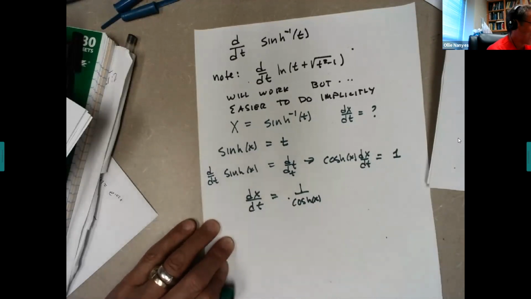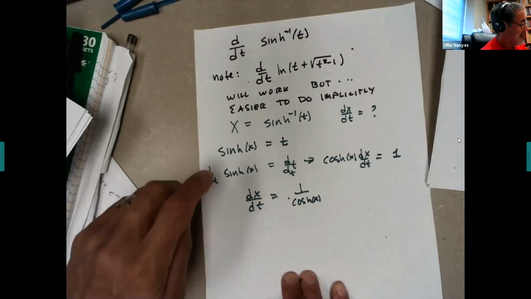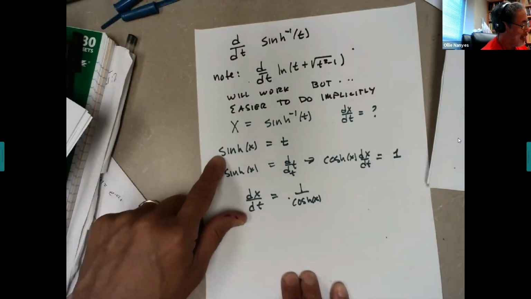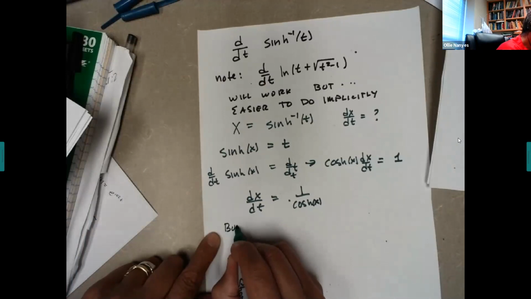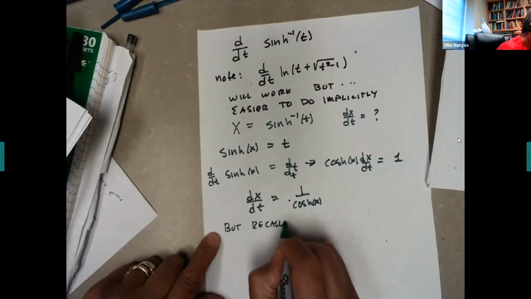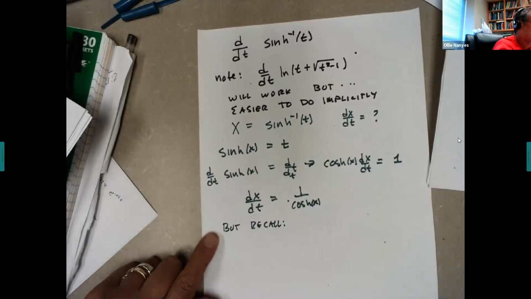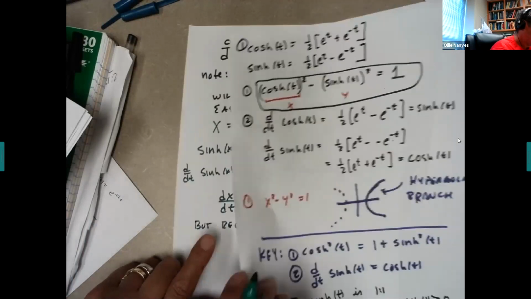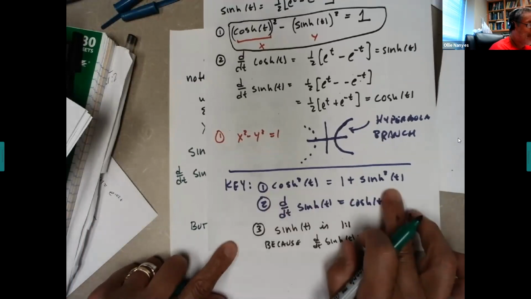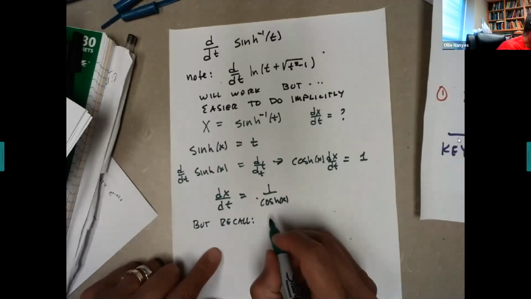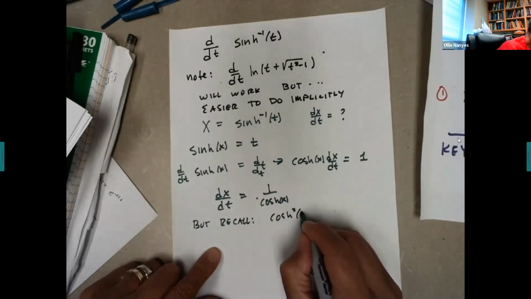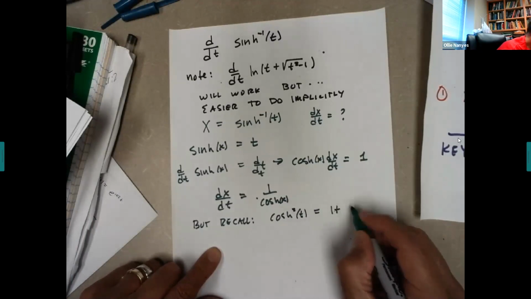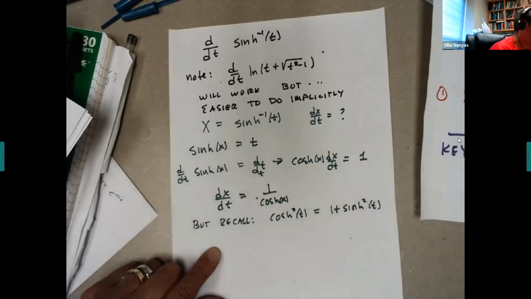Now you might be saying, well, wait a second. We know that hyperbolic sine of x is this, but note, we call this relation here. This is the relation that we really started with: hyperbolic cosine squared is 1 plus hyperbolic sine squared.